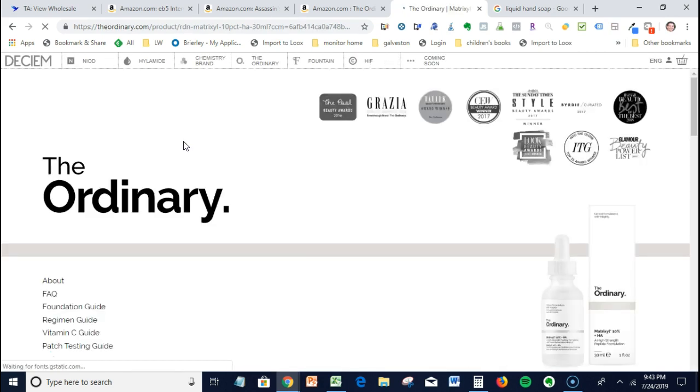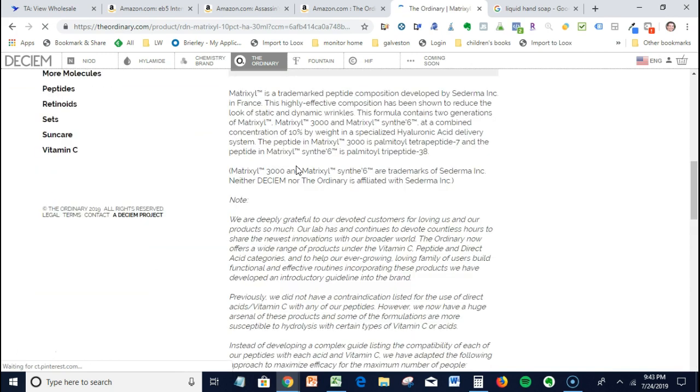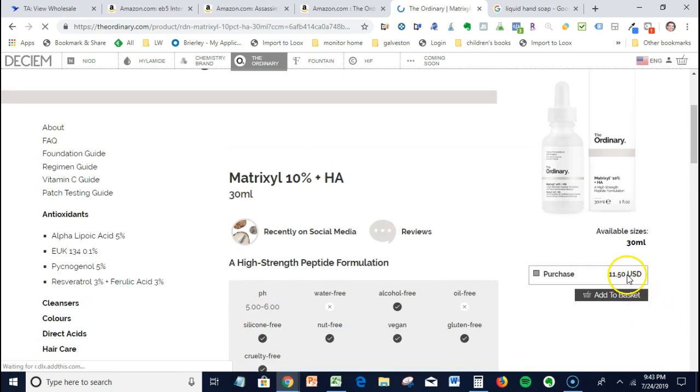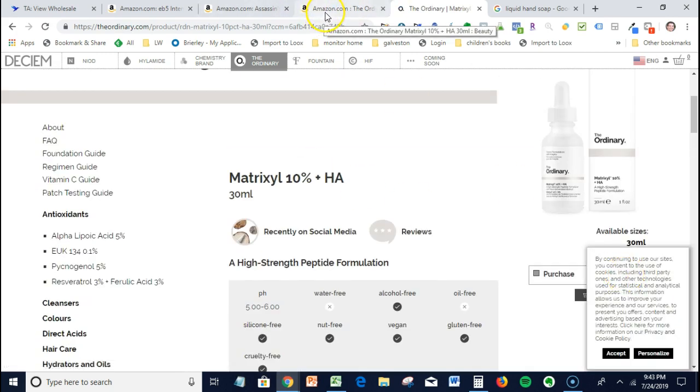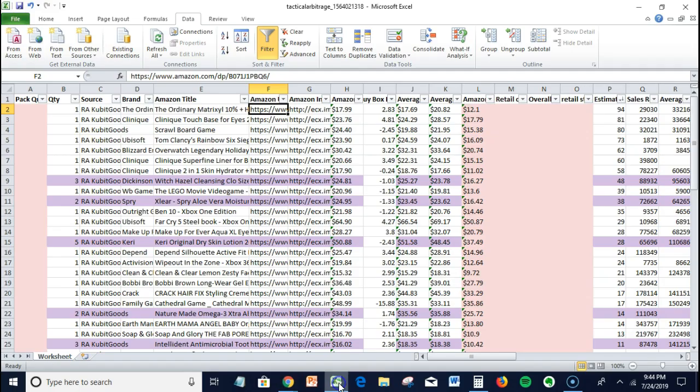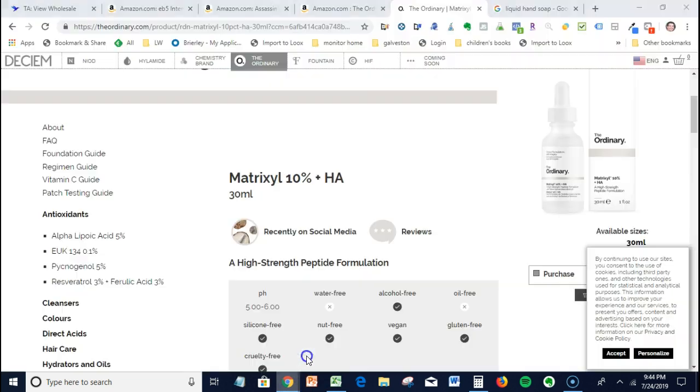That's the manufacturer of it. You probably can't purchase it here. It says purchase $11.50. Okay, so the profit on this is $12.10. So obviously that's not very profitable if we buy it for $10 from them. Okay, so that's not good.